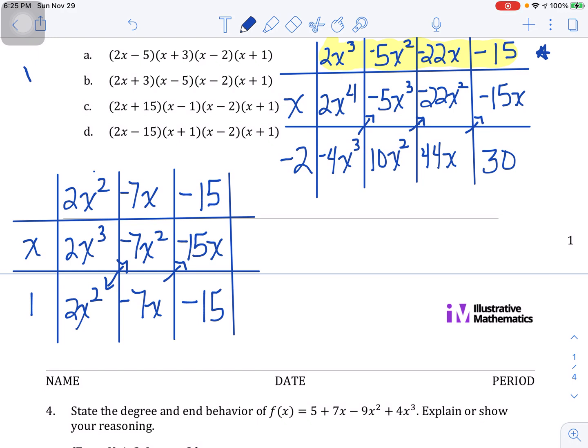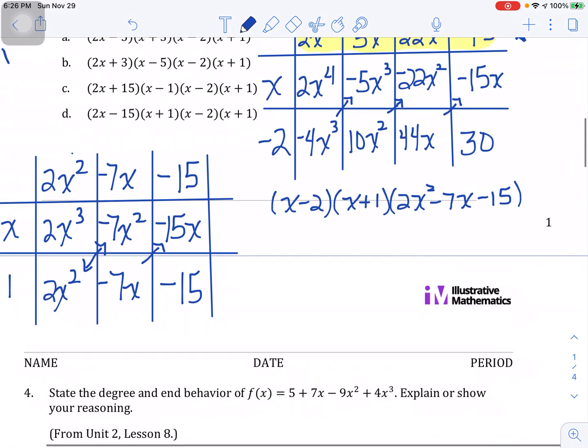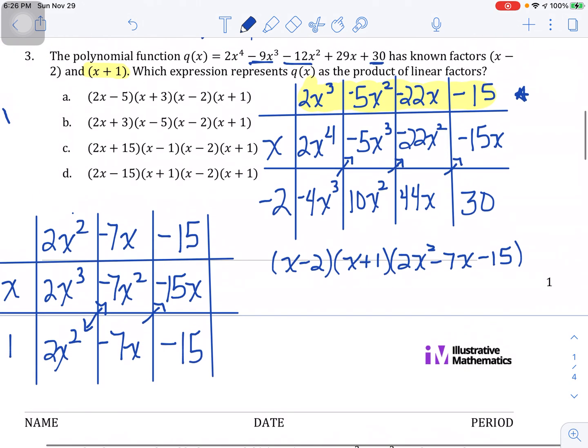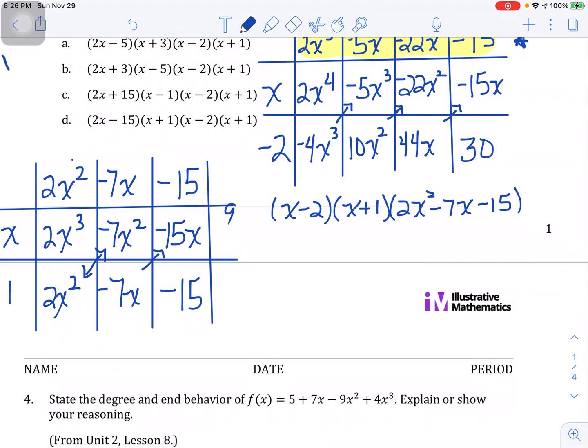So so far, I have x plus 1 and x minus 2. Those two factors were given to me. And my third factor is 2x squared minus 7x minus 15, and now I can factor that quadratic. This was originally q of x.